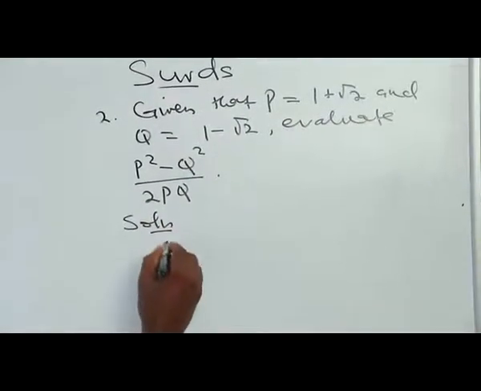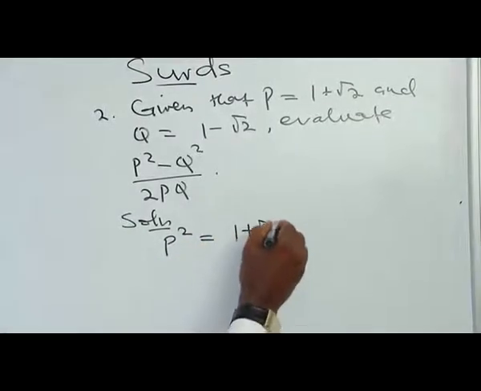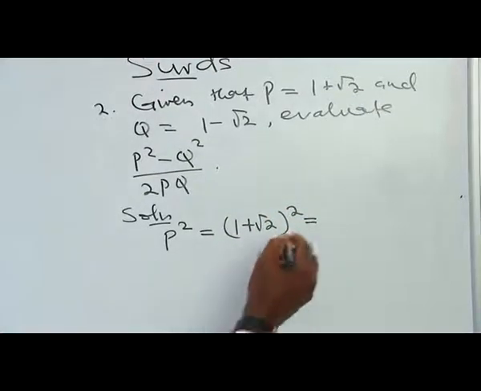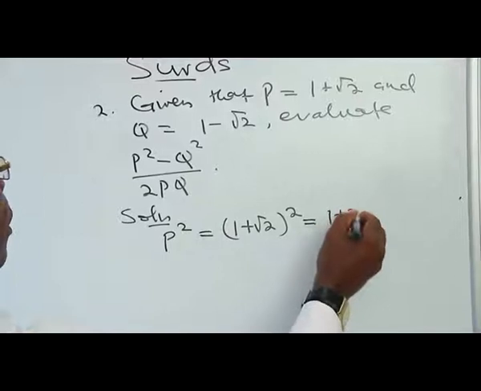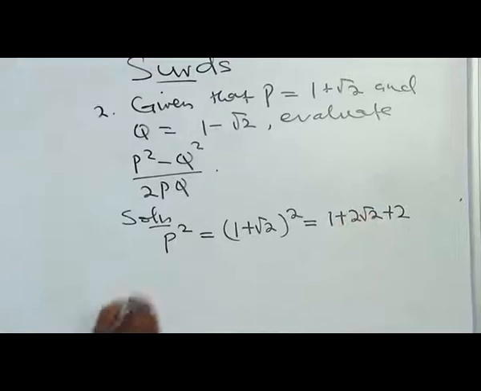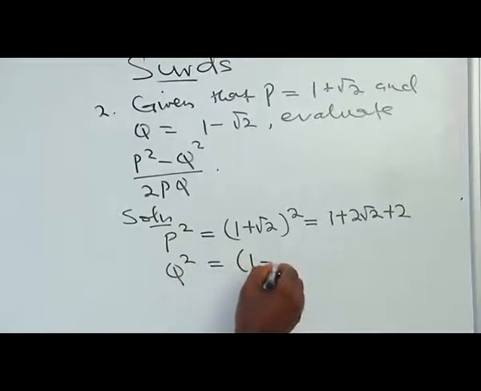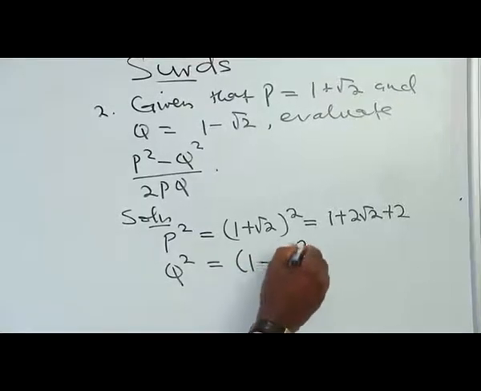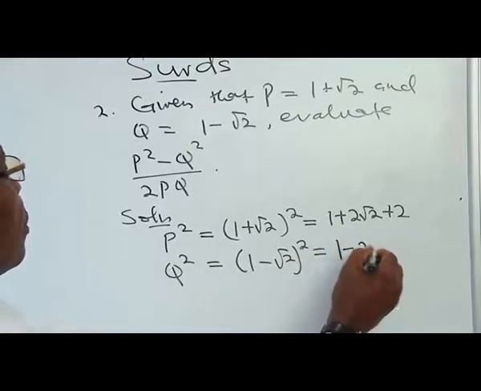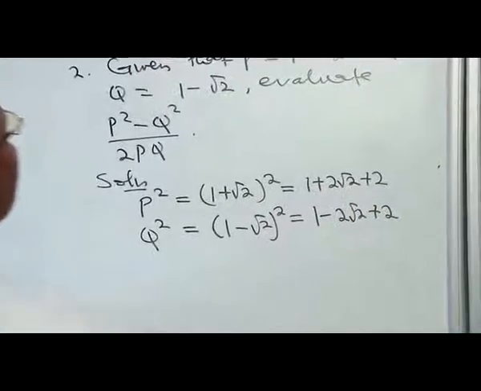Now you have your p squared will become 1 plus root 2 all squared. And when you expand this, you have 1 plus 2 root 2 and plus 2. You take your q also squared, you have 1 minus root 2 all squared. That becomes 1 minus 2 root 2, and then of course plus 2.